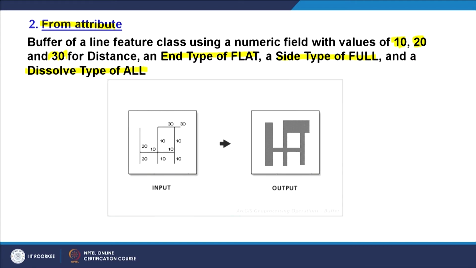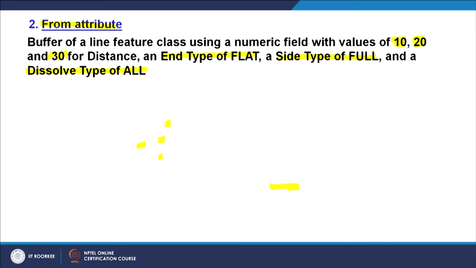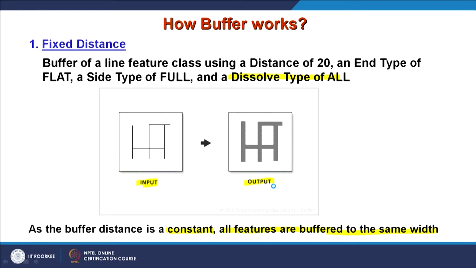If we take the same example as previous, but with different attribute values of 10, 20 and 30, and use those attribute values as the width of my buffer, I can generate something like this. So, instead of that first example, here I am getting a more realistic example.